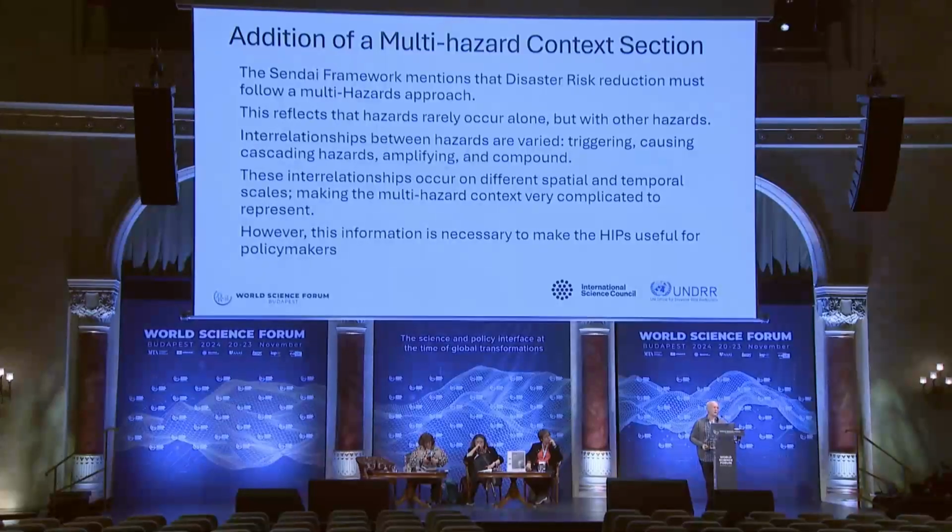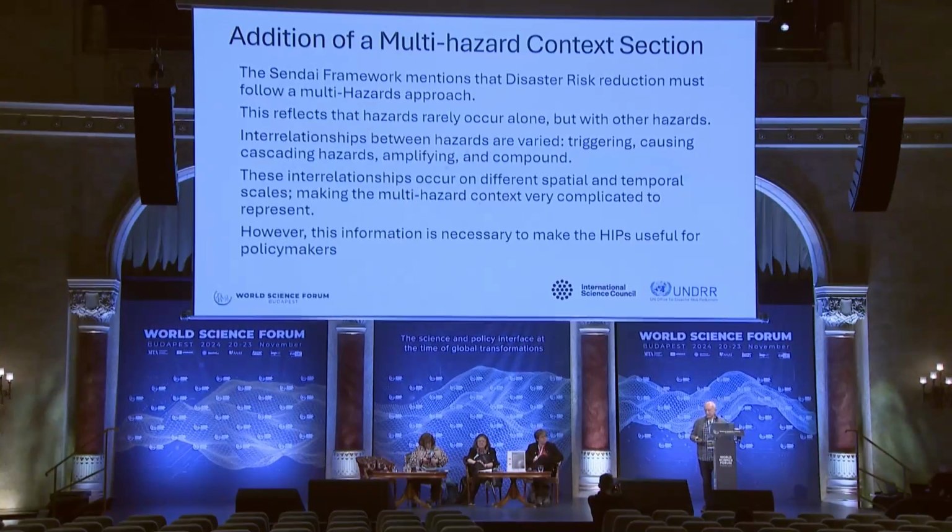So how can we interpret multi-hazard? Because this is seen from different points of view. Multi-hazard is understood as more than one independent hazard. It is also understood as overlapping hazards, and as hazard interactions with dependencies between them.